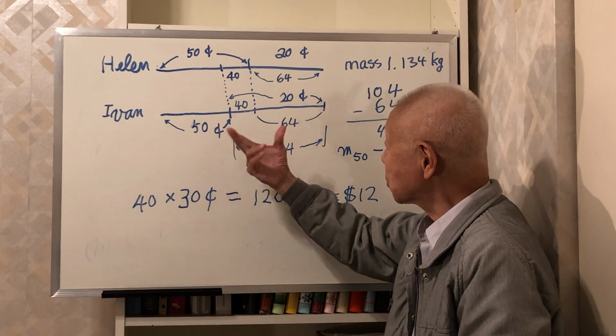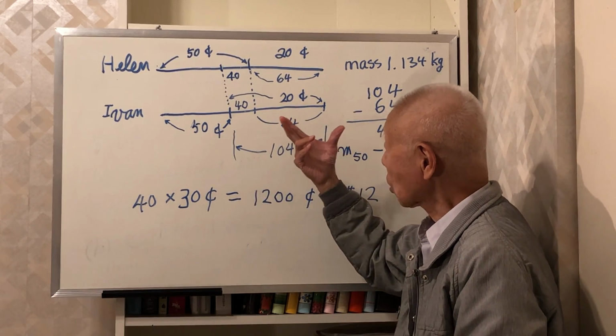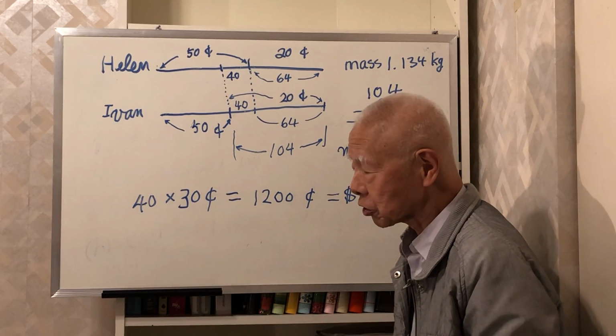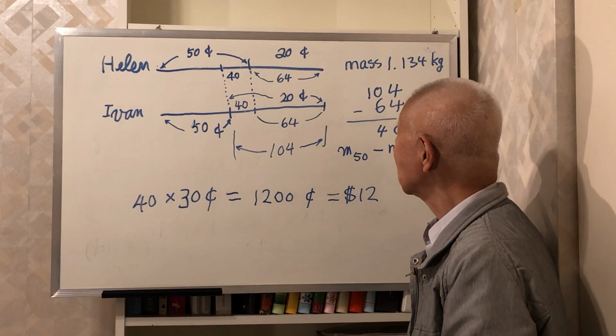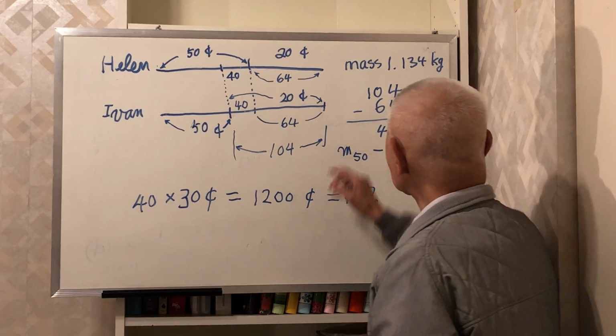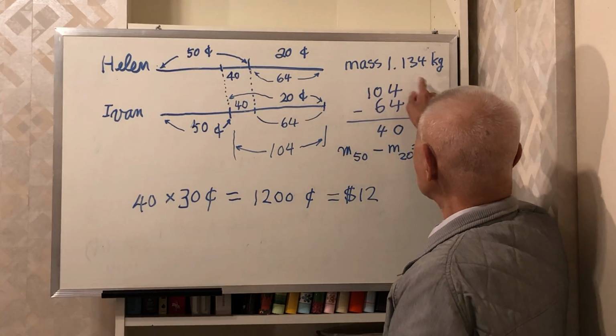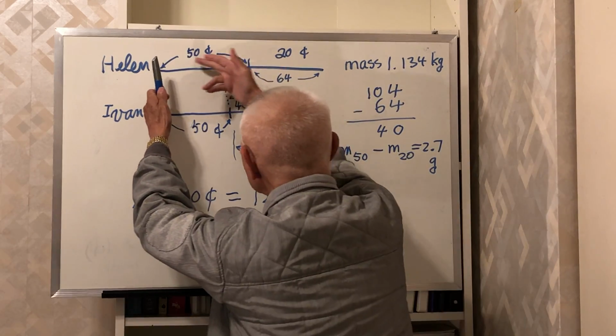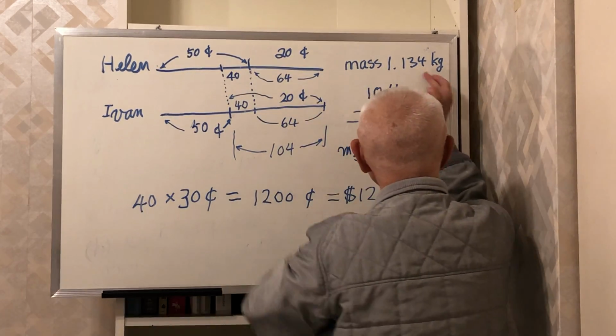What is the mass of the coins that Ivan has? What is the mass? This is given. The mass here plus the mass here, 50-cent mass, is this.